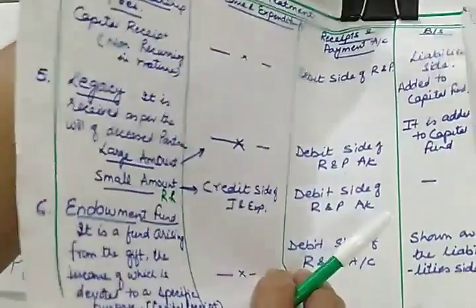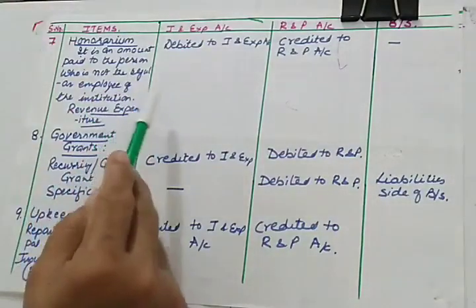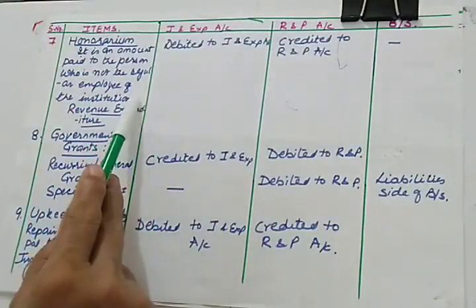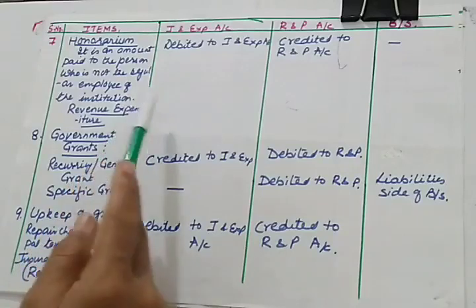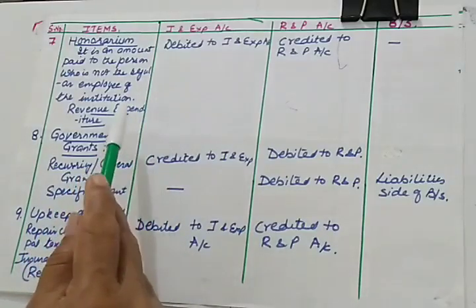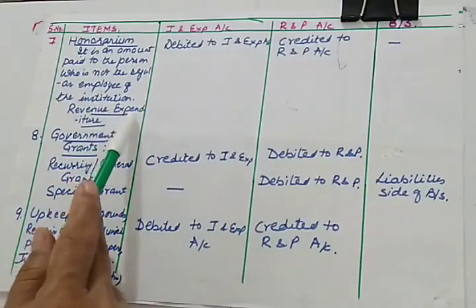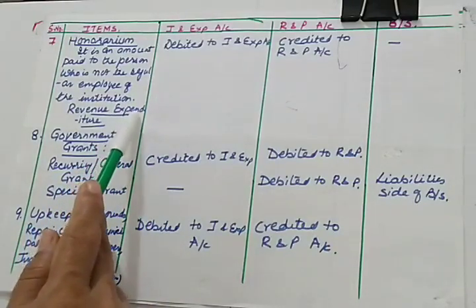Now let us discuss the next item. Next item is honorarium. It is an amount paid to a person who is not a regular employee, like for conducting special lectures. Like sometimes a club used to organize special music concerts or some special motivational lectures for its members.